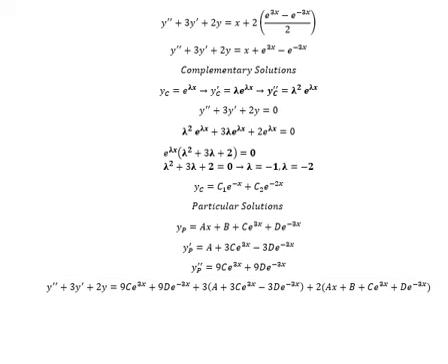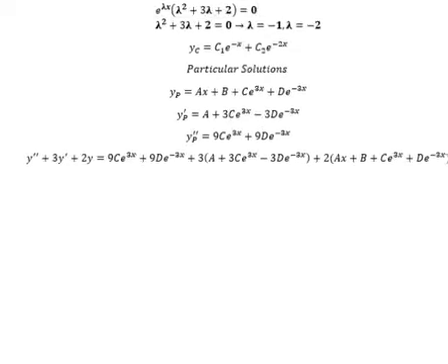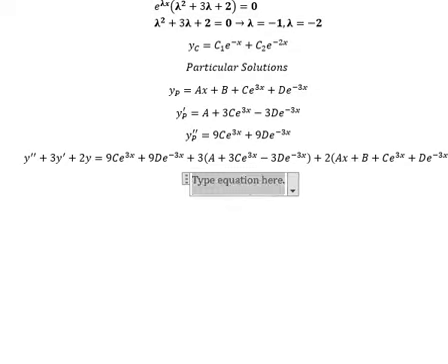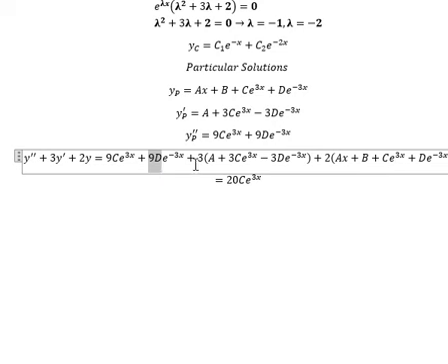So we need to simplify this one. So 9c plus number 3 with number 3c, we have 9c and we have 2c. That is about 20c e to the power of 3s. The next one, 9d plus number 3 with negative number 3, we cancel.